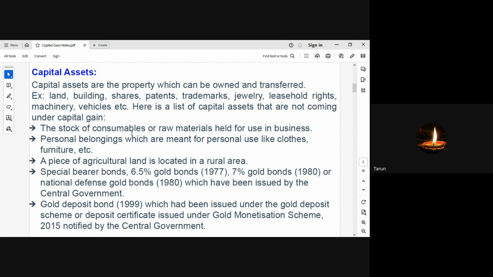There is also another category of gold bonds, that is national defense.